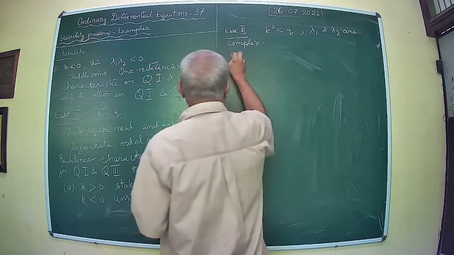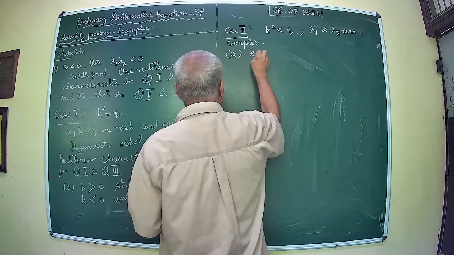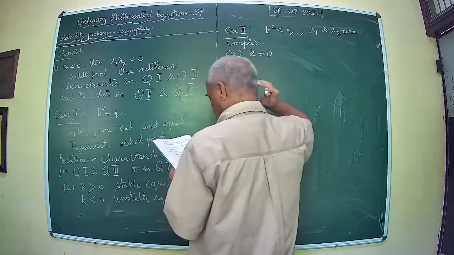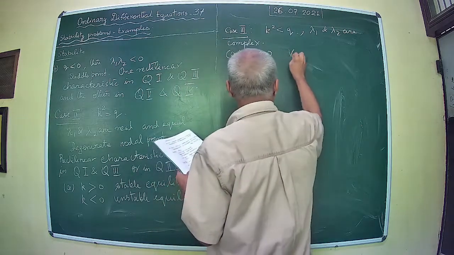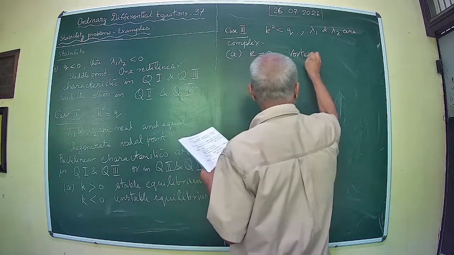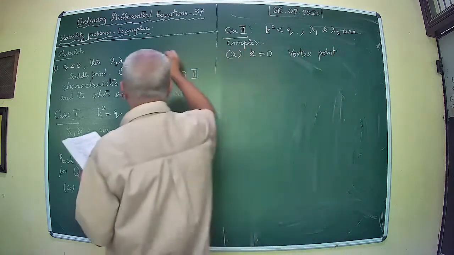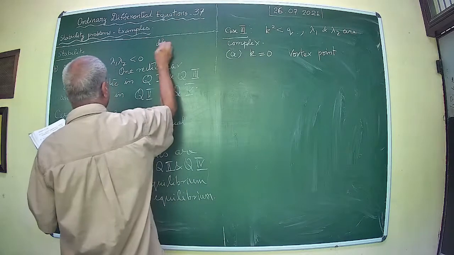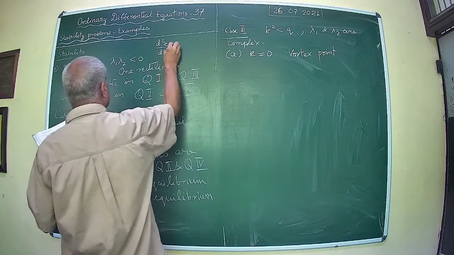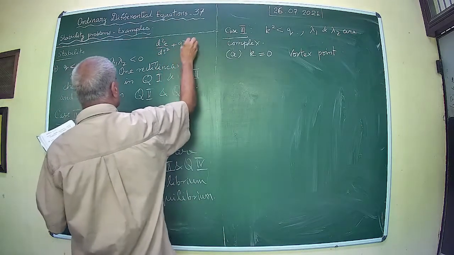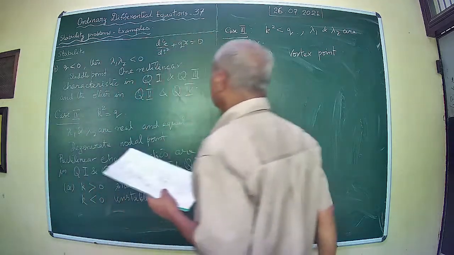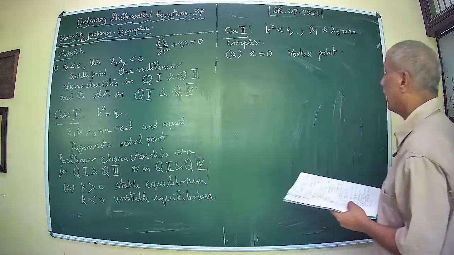One A, K equal to 0, then we get a vortex point. See, your equation would become in that case d2x by dt square plus Q x equal to 0, this will lead to simple harmonic motion.